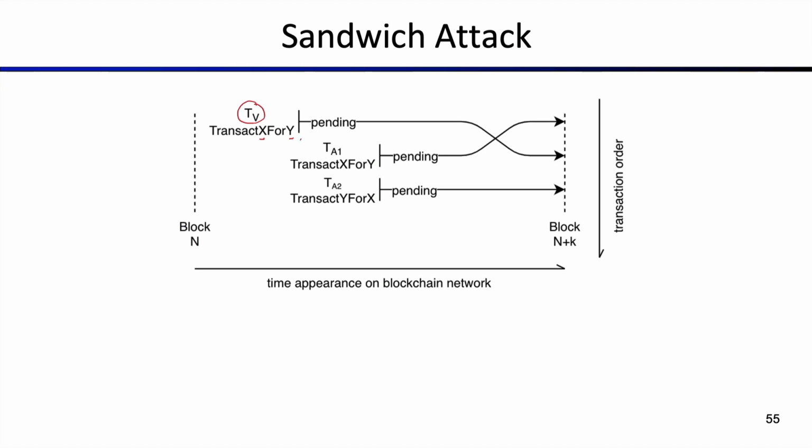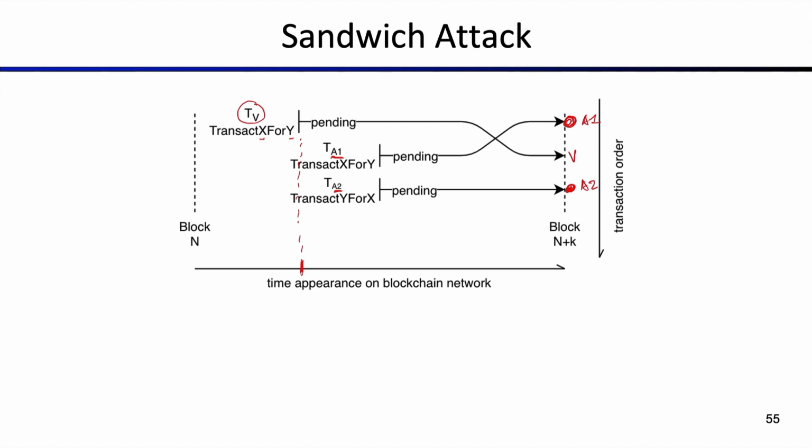So after the victim transaction was observed on the network, here the victim transaction started propagating, an adversary creates an adversary transaction 1 that should front-run the victim, and an adversary transaction 2 that should back-run the victim. So this is the victim, and this is A1, the adversary 1 and adversary 2 transaction, right?